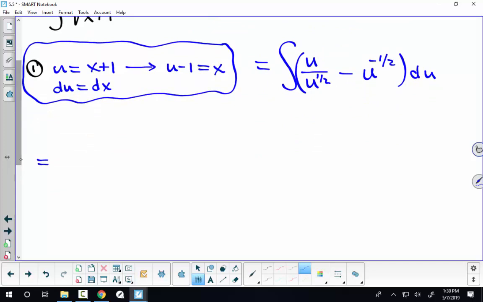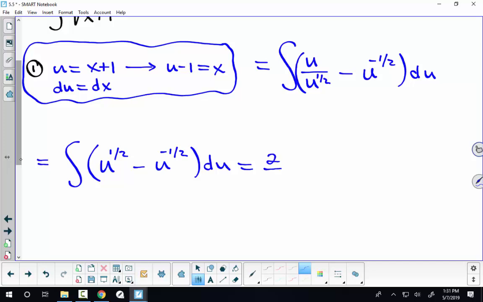And u to the first over u to the 1/2 is u to the positive 1/2, minus u to the negative 1/2. So we're writing them like that because we can use the power rule on both of those. So the antiderivative of u to the 1/2, we add 1 to the power, divide by the result.